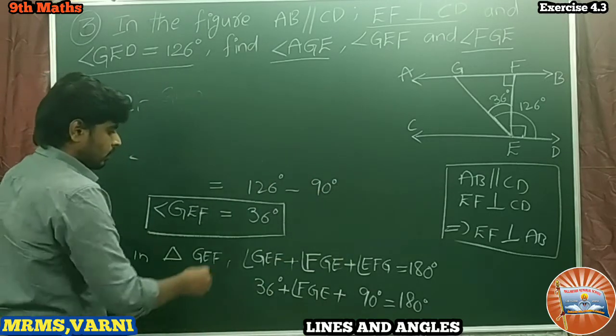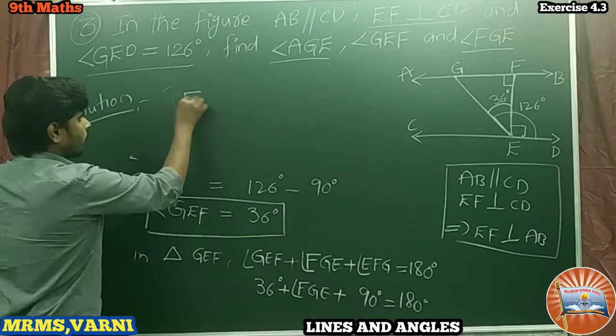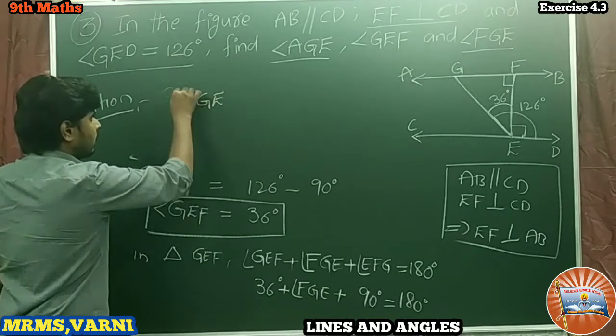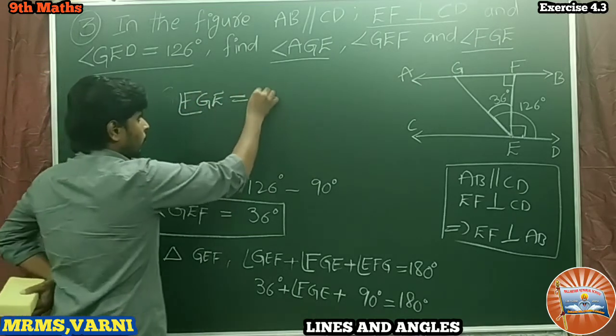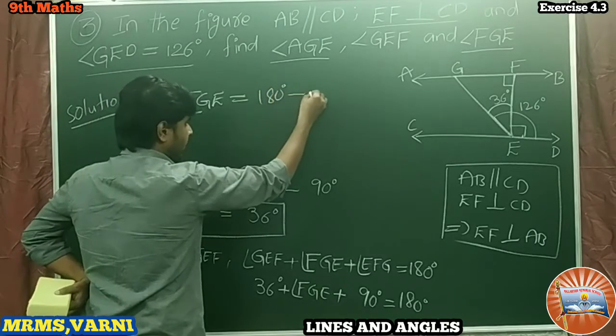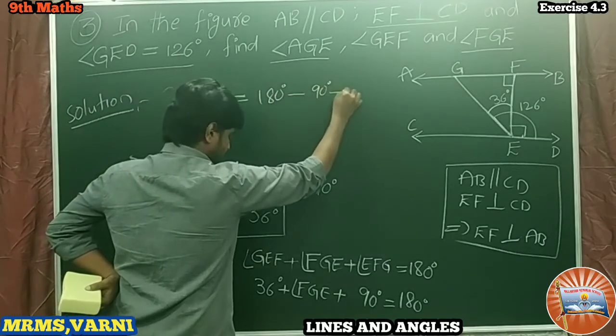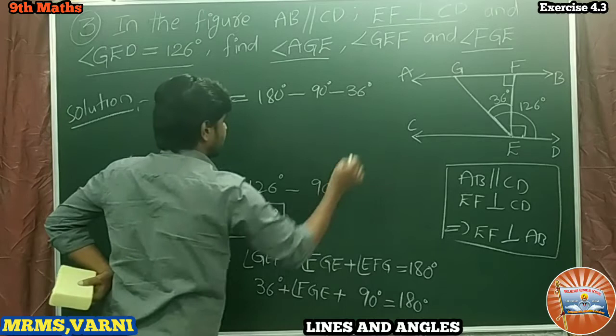FGE is equal to 180 degrees minus 90 degrees minus 36 degrees.